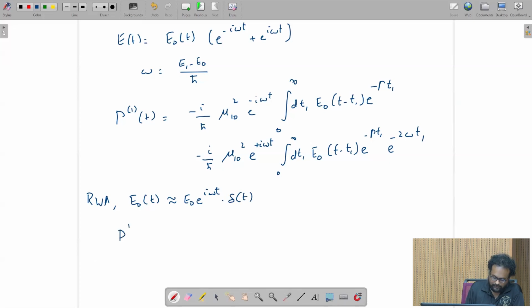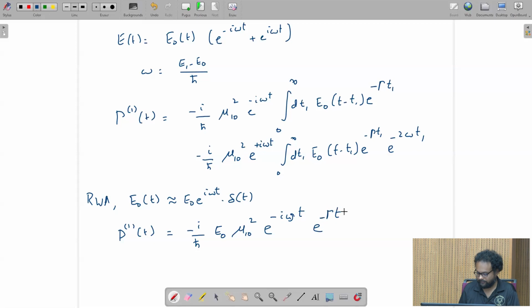Then your polarization will be minus i over h bar E naught mu 1 0 squared, e to the power minus i omega naught t, where omega naught is simply the transition frequency, multiplied by e to the power minus gamma t.